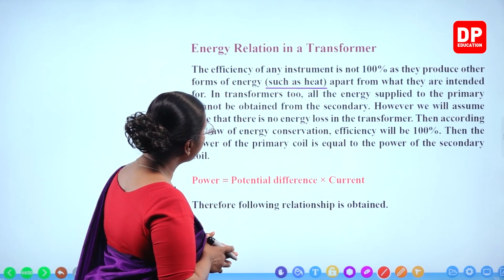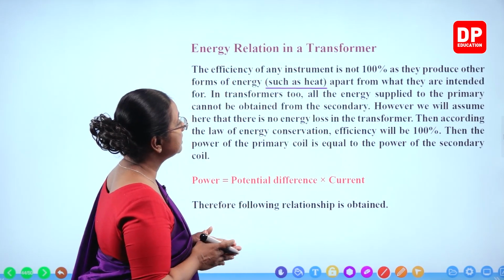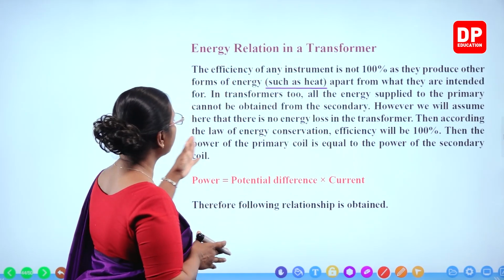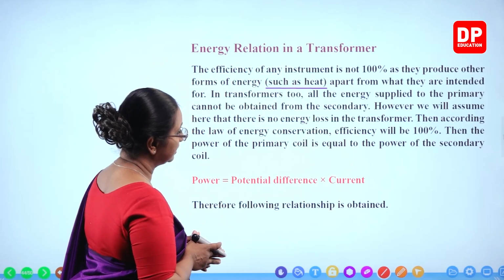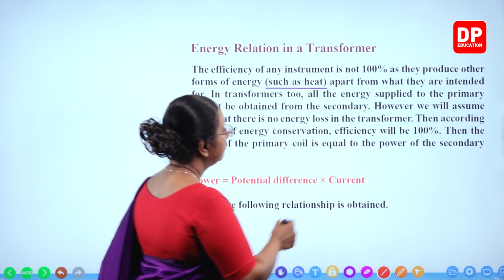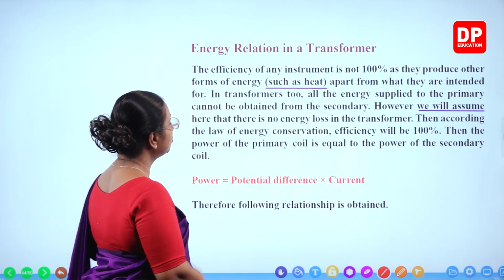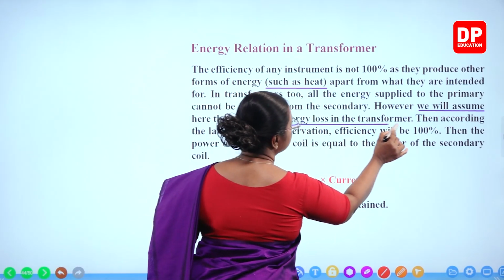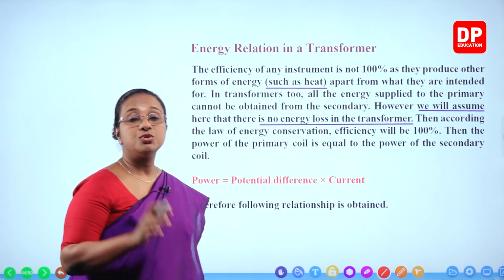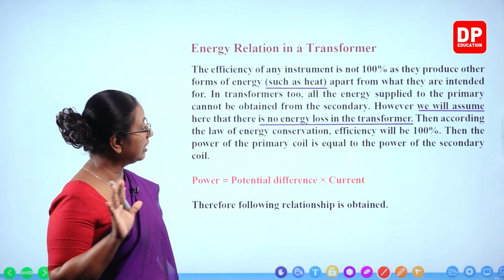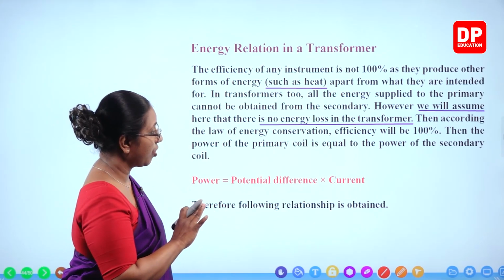So in transformers too, all the energy supplied to the primary cannot be obtained from the secondary. However, we will assume here that there is no energy loss in the transformer.